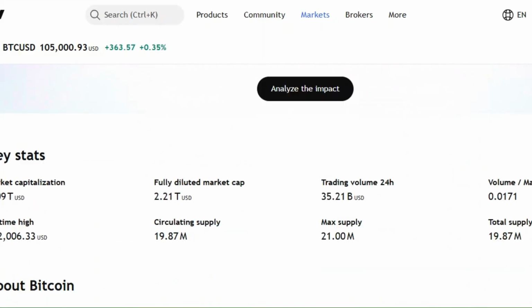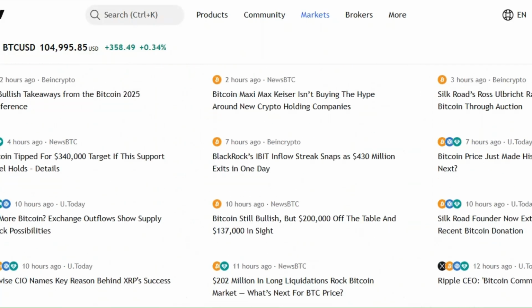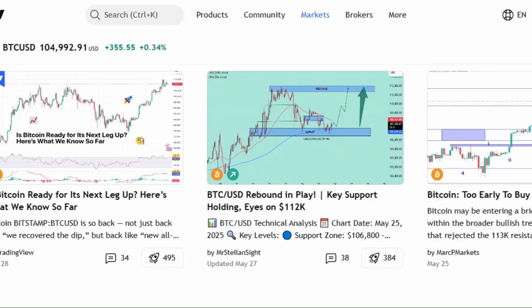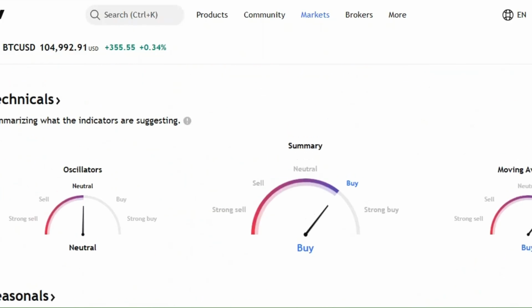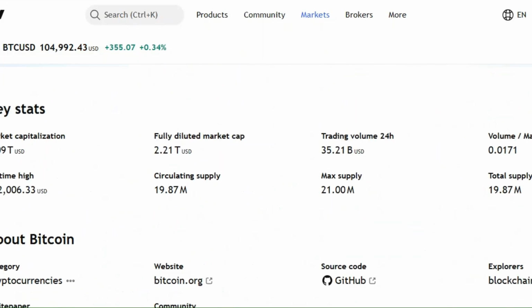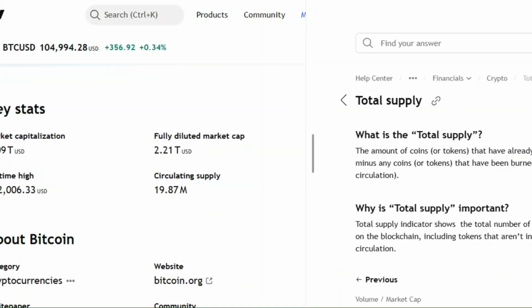Okay, you can see all the other tools like market cap, the day of the transaction, the last transaction, the variation of this market, guys. So you can see the total supply. What is the total supply? You can go here to see the definition.